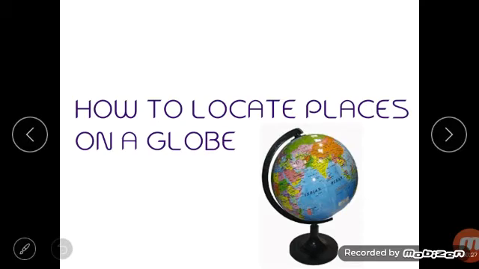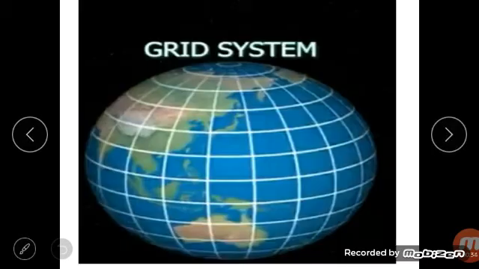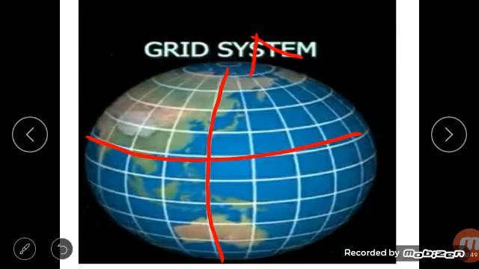You all must know that lines of latitude and longitude run over the globe. The lines of latitude are also called parallels, and the lines of longitude are also called meridians, which run from the North Pole to the South Pole.